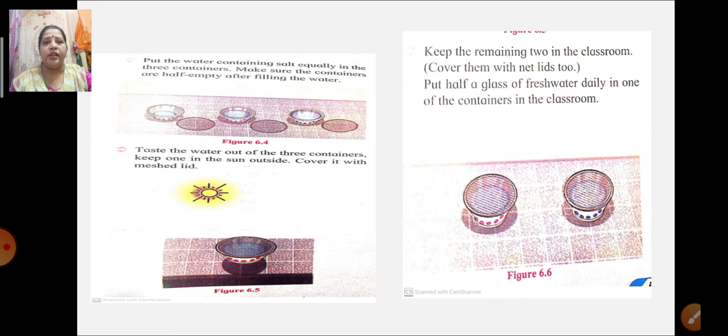Keep one in the sun outside and cover it with a mesh lid. The other 2 containers you are going to keep in the classroom, also covered.